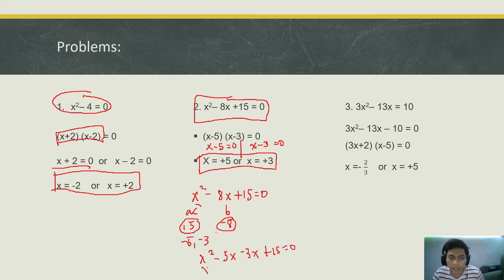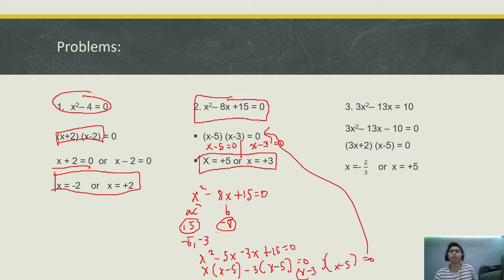So you can have this as x times x minus 5, minus 3 times x minus 5. So therefore, you can have the factors as x minus 3 and x minus 5 equals 0. So just a refresh on how we get this value.